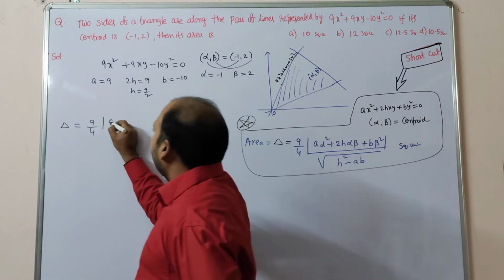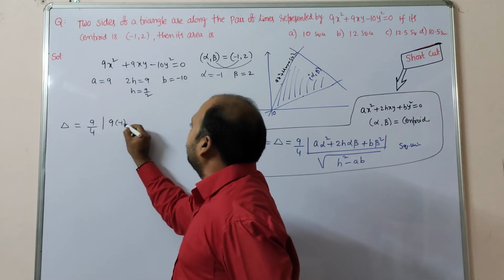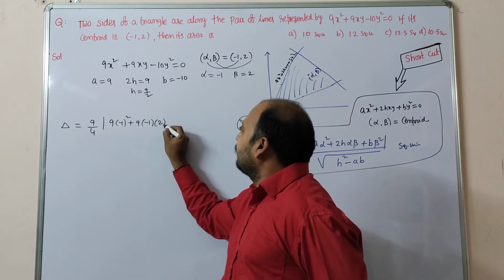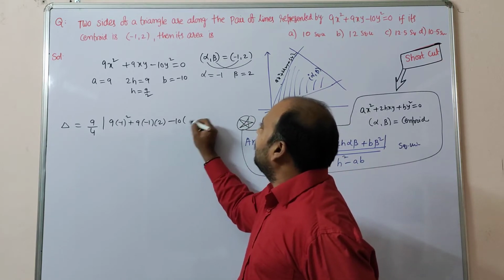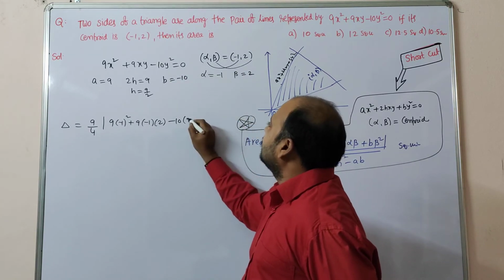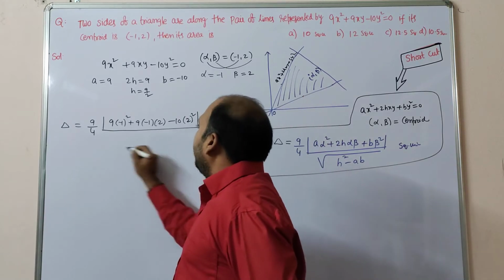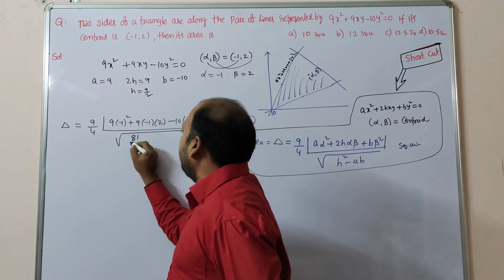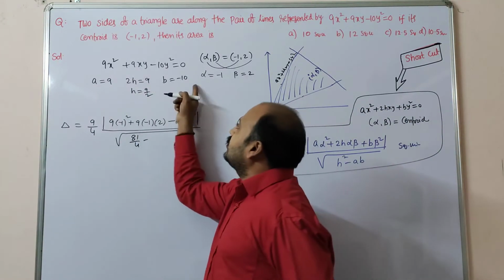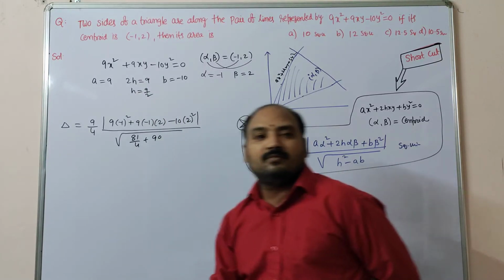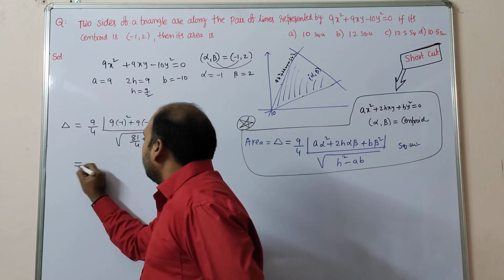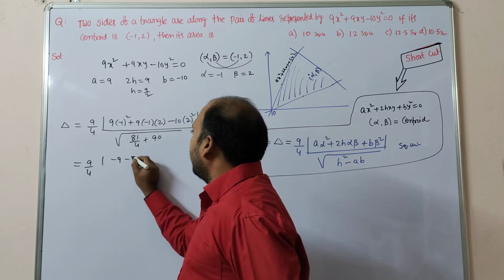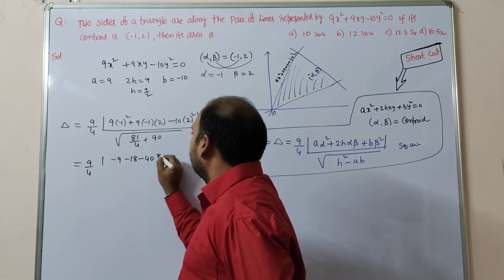So 9 into alpha square, that alpha value is minus 1 whole square, plus 9 into alpha beta, minus 1 into 2, plus b beta square, minus 10 into 2 square, whole divided by h square minus ab. H square means 9 by 2 whole square, 81 by 4, minus ab, 9 into minus 10, so plus 90. That is 9 by 4 mod, 9 minus 18 minus 40.